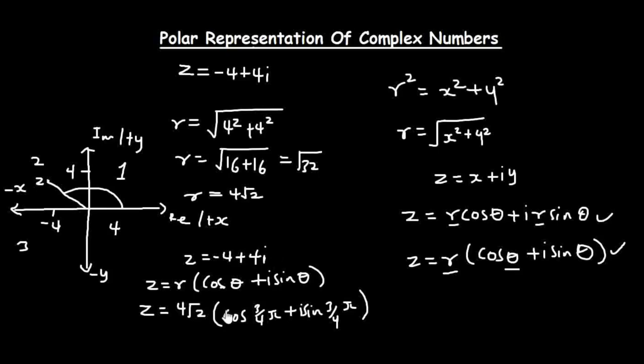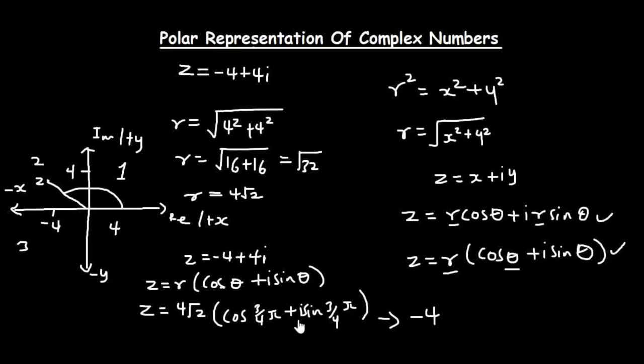What this means is that if you simplify this polar form, you will get these values. So let's look at that. Let's multiply 4 root 2 by cosine of 3 over 4 pi. Multiplying 4 root 2 by this will give me the value of minus 4.